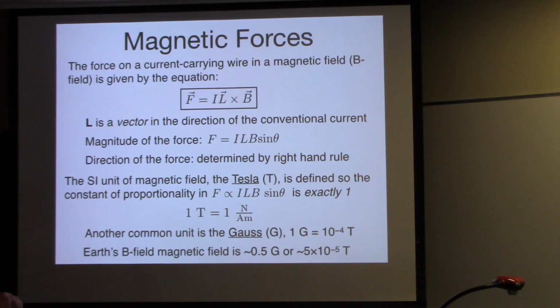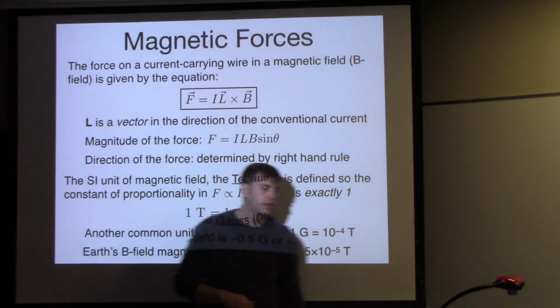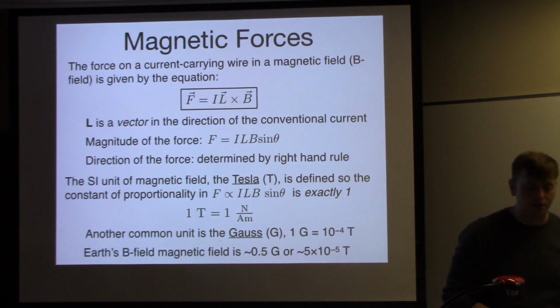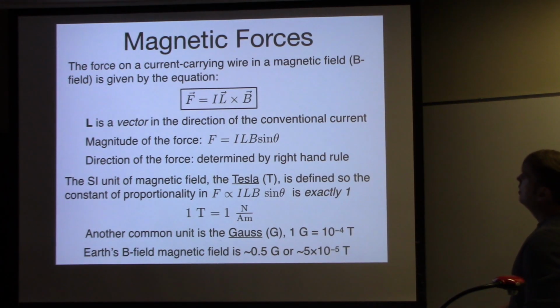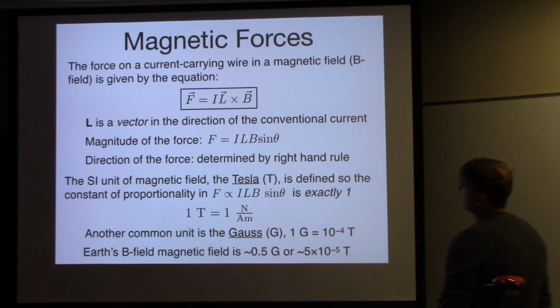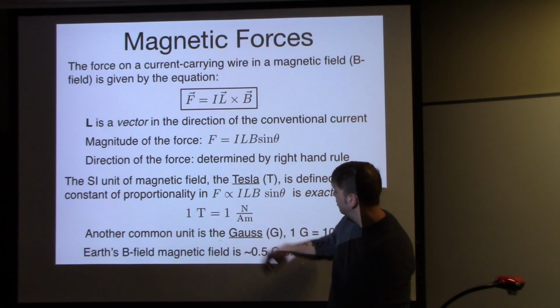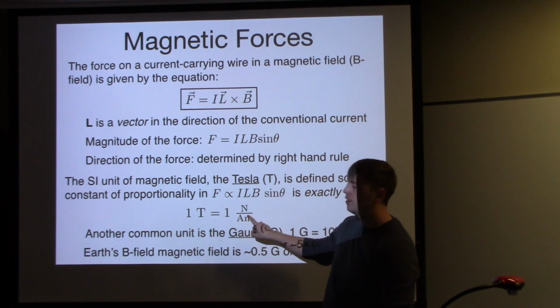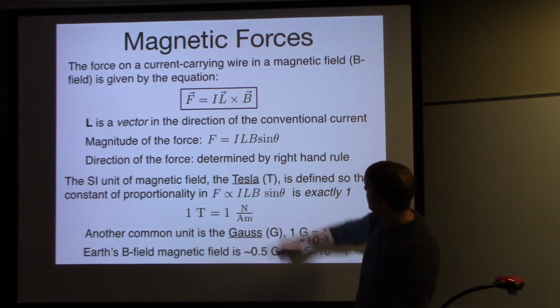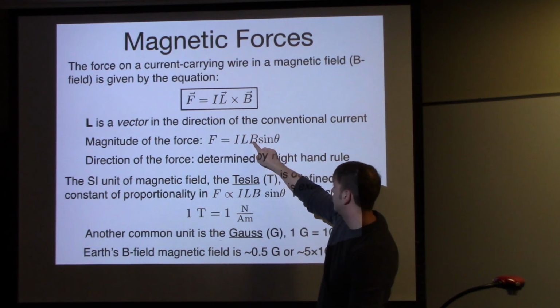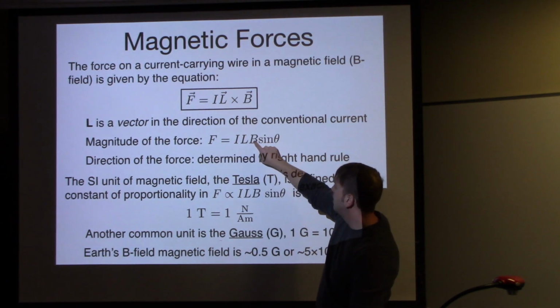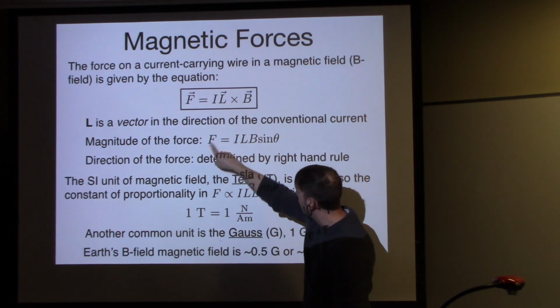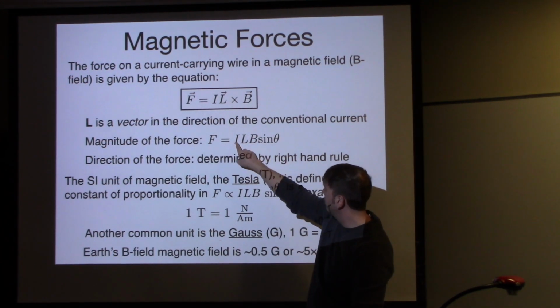Now, let's think about the Tesla in the context of other units we know. Well, a Tesla is a Newton divided by an ampere divided by a meter. That makes sense, because if you take this equation here, you can rearrange it to say that the magnetic field is the force divided by the current times the length.